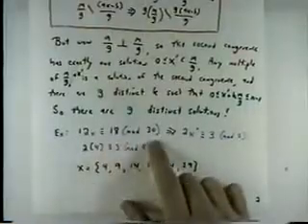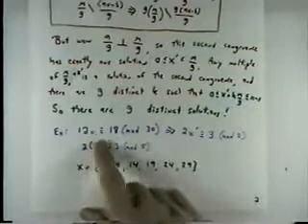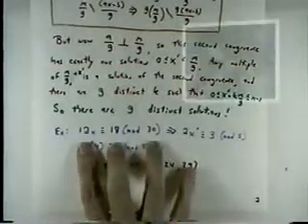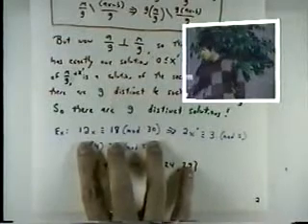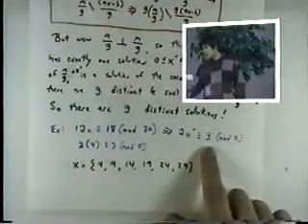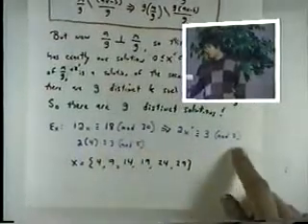Suppose I want to find all solutions to 12x congruent to 18 mod 30. I can divide by the greatest common divisor. What is the greatest common divisor of these? 6. That leaves me with 2x' congruent to 3 mod 5.